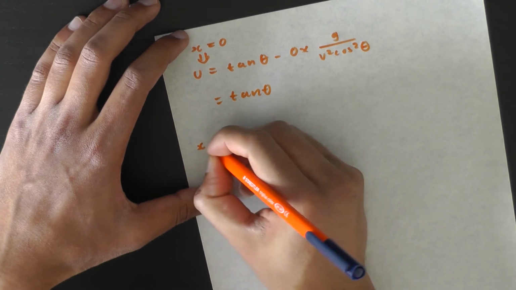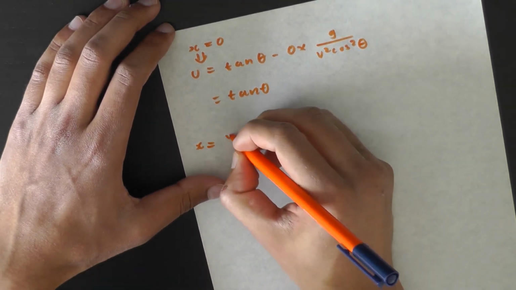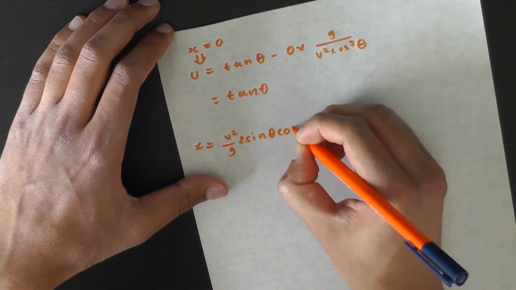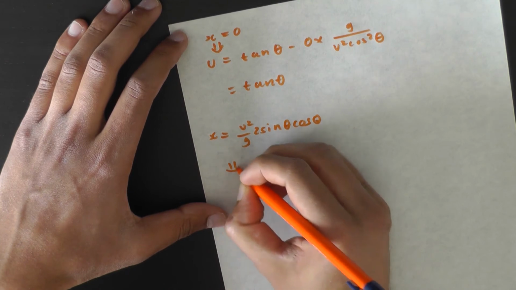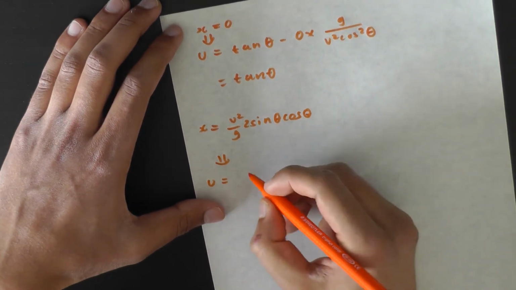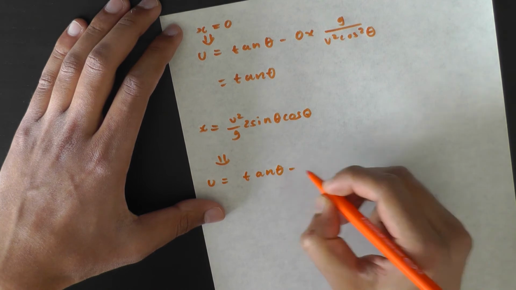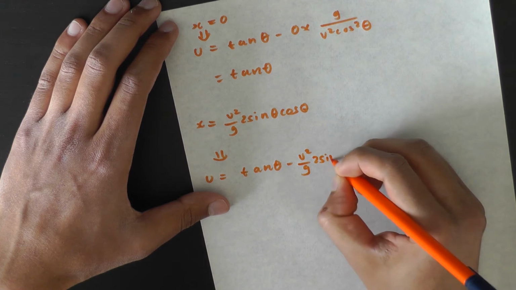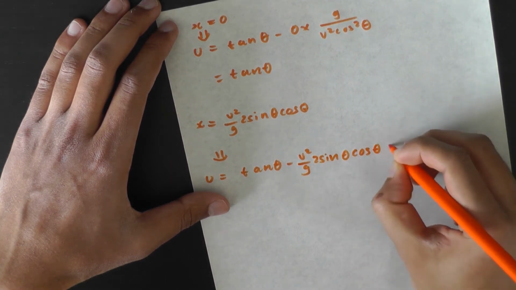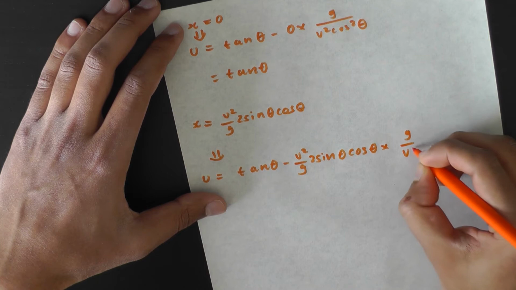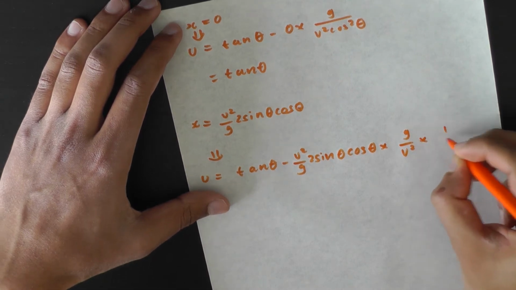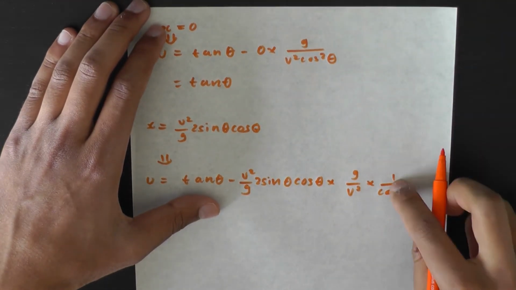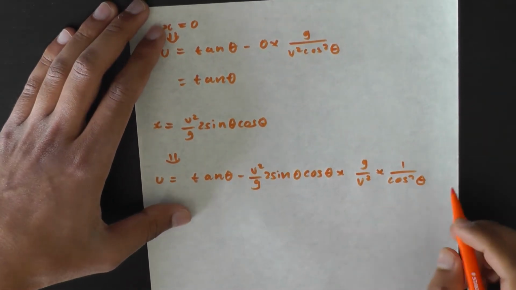Now if x equals v squared over g 2 sine theta cos theta, u will equal tan theta minus v squared over g 2 sine theta cos theta times g over v squared times 1 over cos squared theta. Bear in mind, there's no difference between this and that. I just split it up a little bit to make it a bit more convenient.